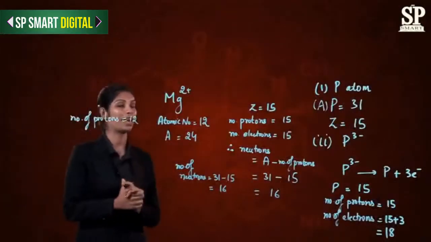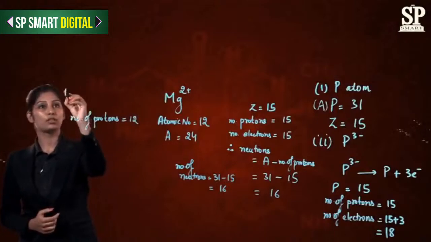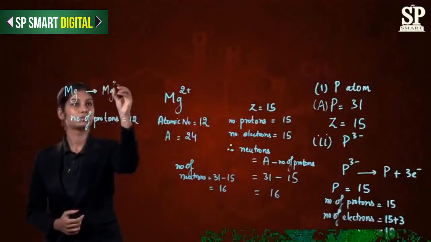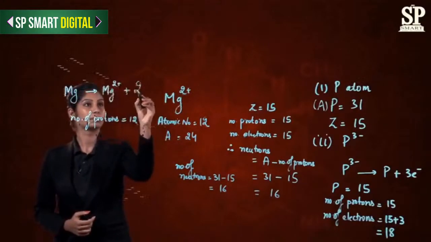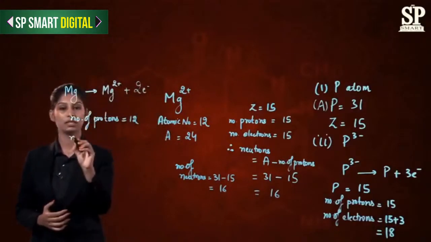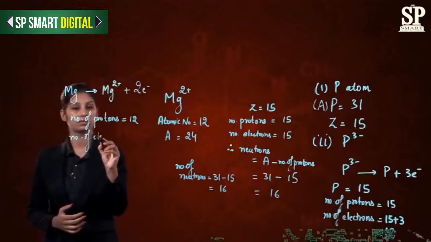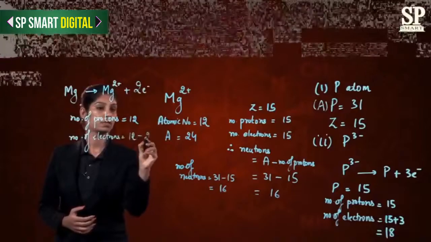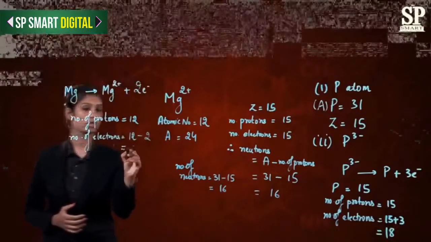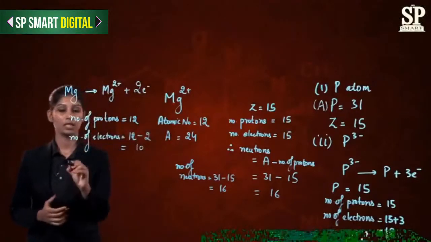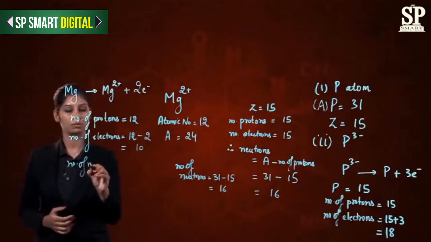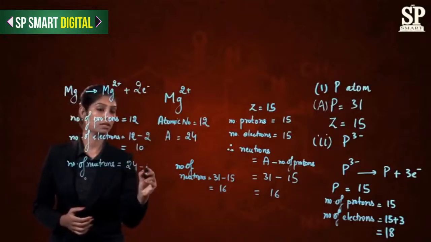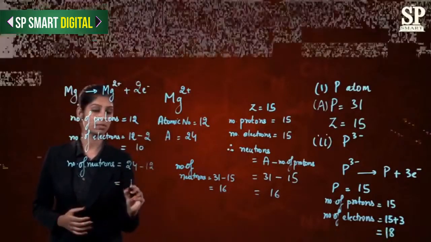As this magnesium ion has lost 2 electrons, it means the number of electrons is 12 minus 2, which is equal to 10. The number of neutrons will be mass number minus number of protons, which is equal to 12.